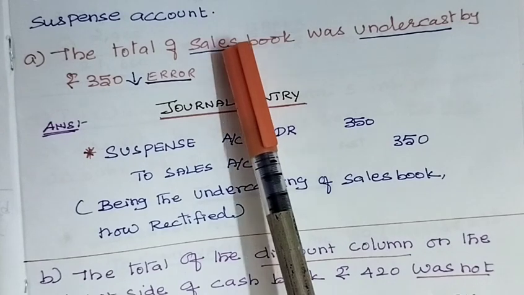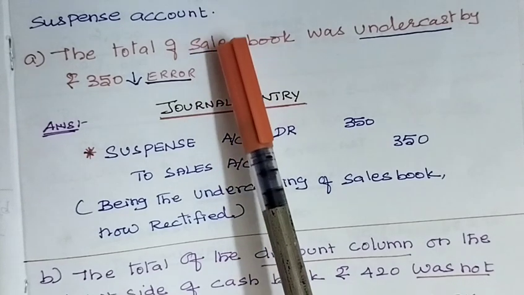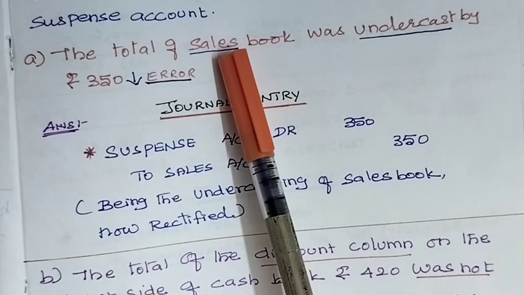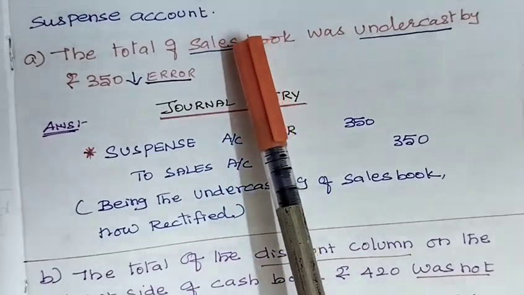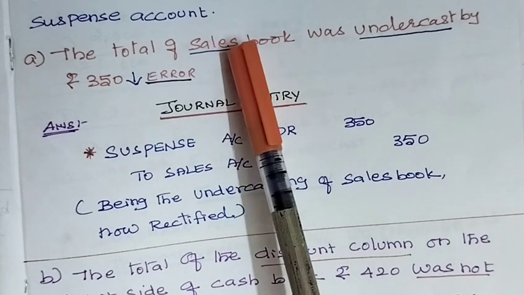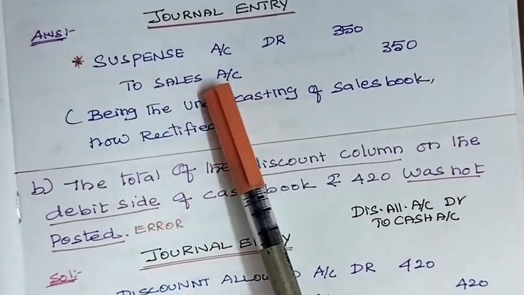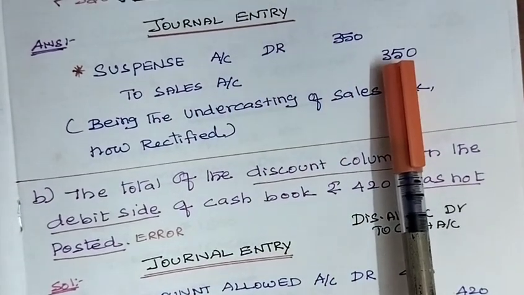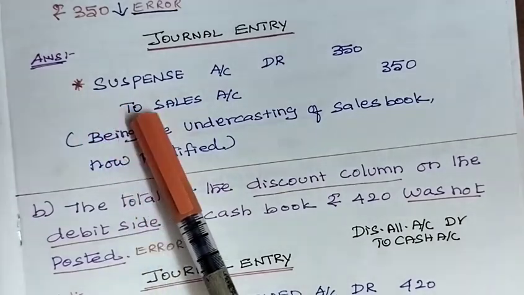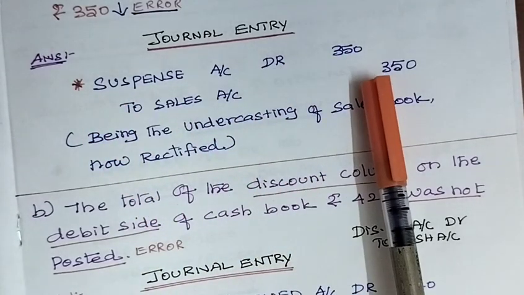So whenever a revenue account increases, it will be credited. That means the sales account will be credited, 350 rupees.